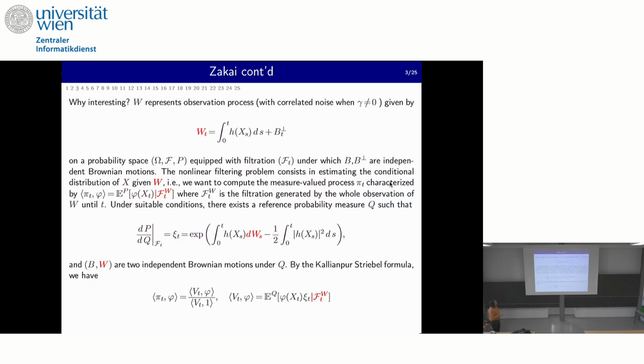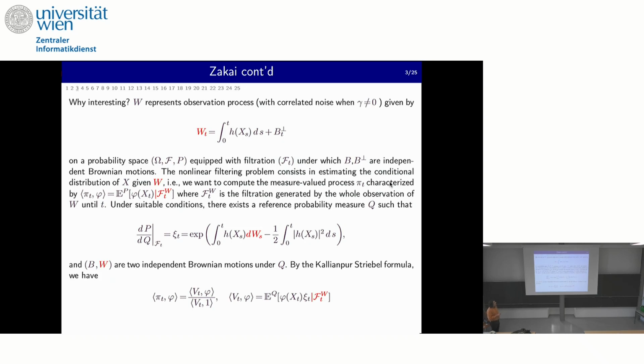I prepared one slide on why this is interesting, but I don't want to spend much time on it. In a nutshell, the W you have in the Zakai equation corresponds to the observation process, which under the original measure is a Brownian motion with a drift, and the drift has access to the signal process.